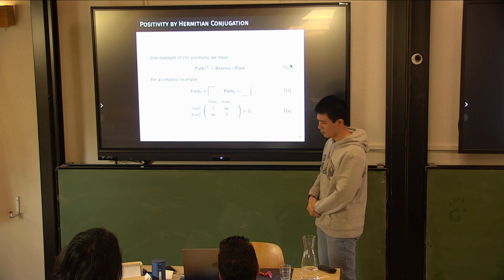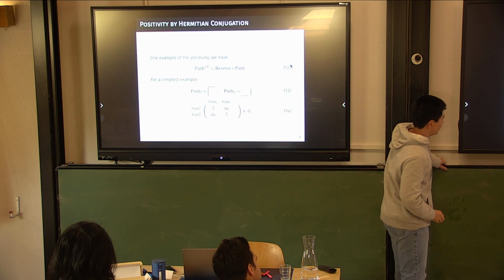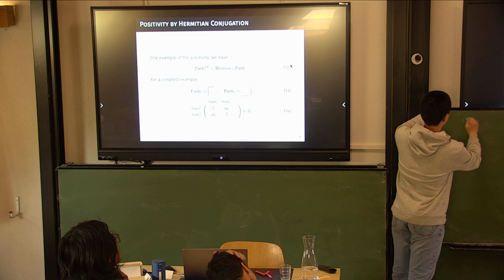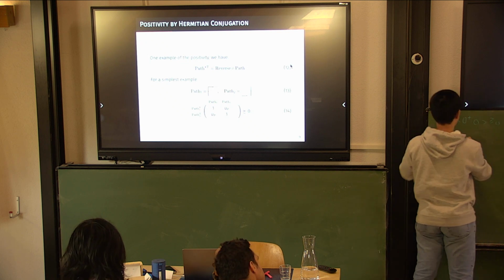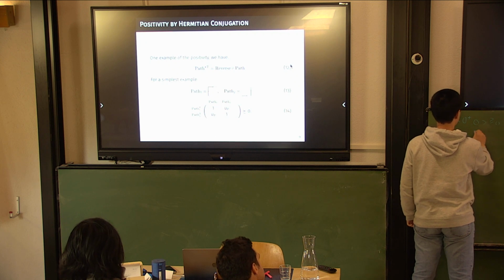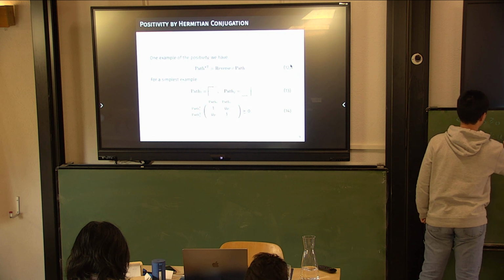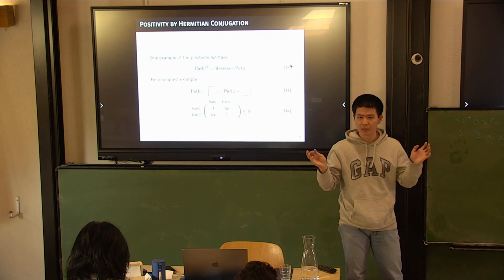It comes from the simplest idea that for any operator O, O dagger O is positive semi-definite. But you can expand O into some sum of alpha_i and omega_i, where omega_i are some Wilson loops here.